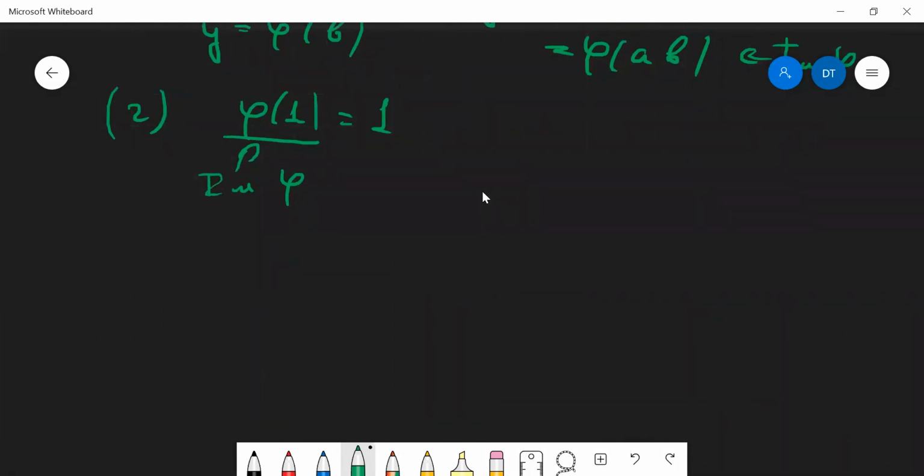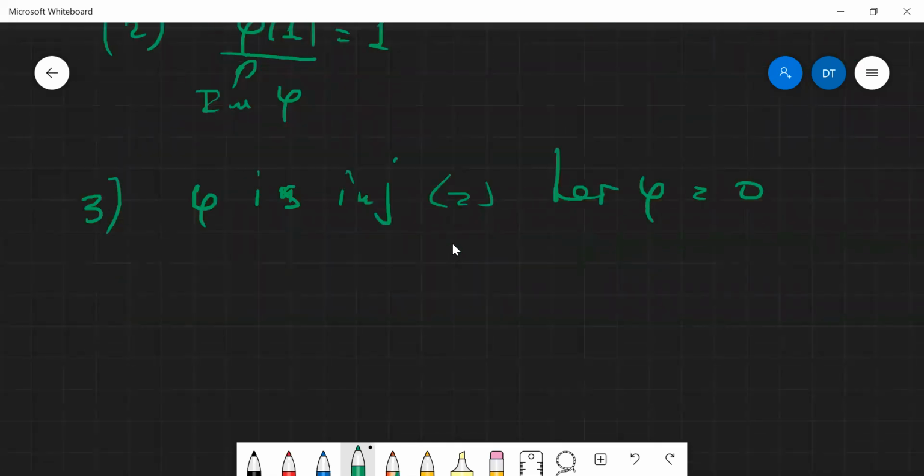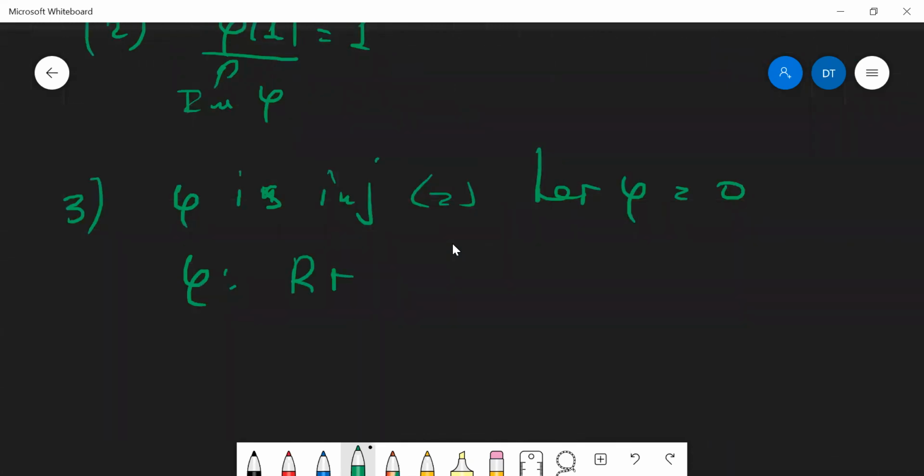And the only thing left is to show that phi is injective if and only if the kernel of phi is equal to 0. But again, since phi is a homomorphism of the additive groups, if you forget the multiplication, we know that in this case, phi is injective if and only if the kernel of phi is 0.